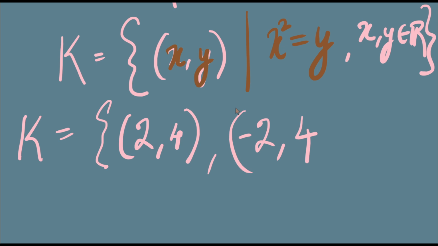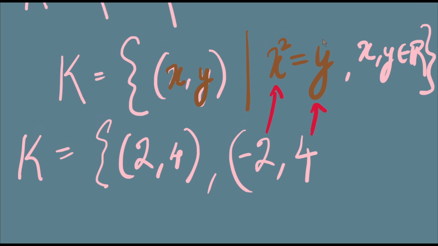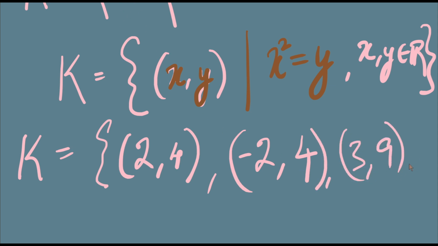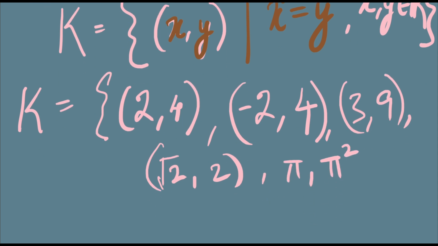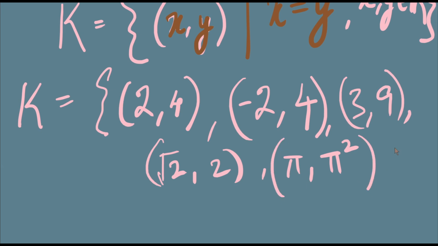If you are not very sure, you can check when x is equal to minus 2 and y is equal to 4, is this condition satisfied? That's what we are trying to do here. So minus 2 comma 4 would be in my relation. Now you will get the hang of it. 3 comma 9, square root of 2 comma 2, and pi comma pi squared, because all of these belong to real numbers, and so on.